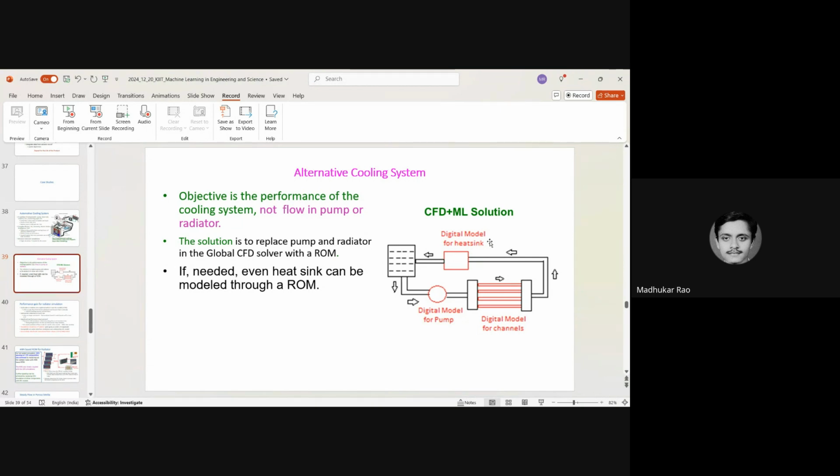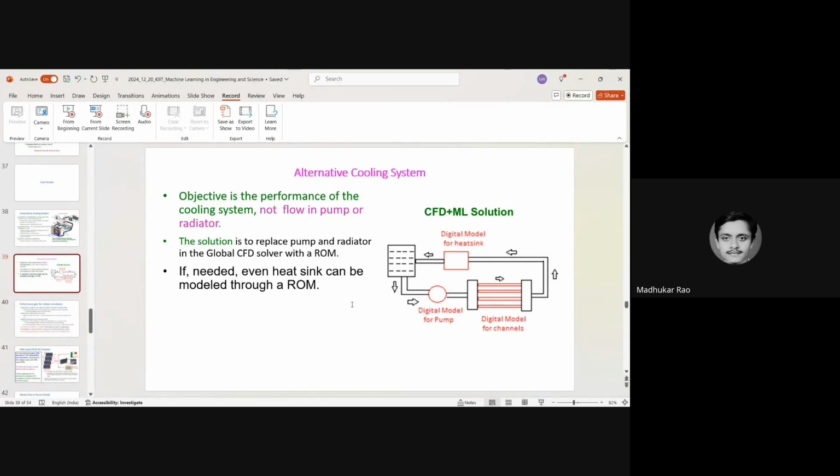So basically, what we did was we constructed a machine learning model, or a digital model, for the channels of the radiator, and we could train the model by just looking at the CFD of flow inside a single pipe. And because it has hundreds of pipes, we removed the entire CFD mesh of the radiator with a neural network.